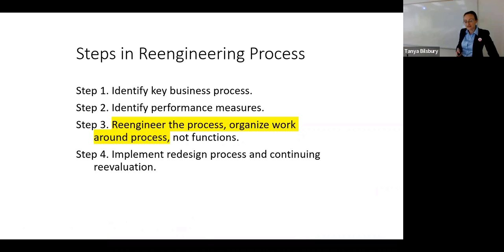There are steps in the reengineering process, and it's a process that's about process. These steps all focus on process and performance. So you need to know what your work is. For SMU, the key business process is producing undergraduate degrees, getting people through classes.